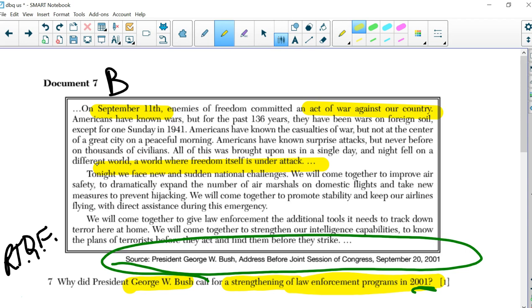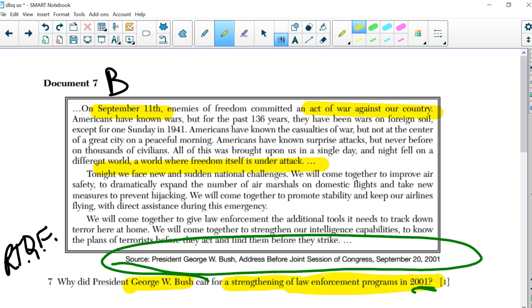Tonight we face new and sudden national challenges. We will come together to improve air safety, to dramatically expand the number of air marshals on domestic flights, and take new measures to prevent hijacking.